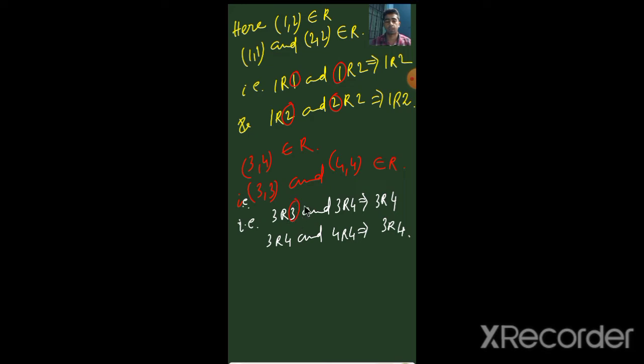These are common terms. Hence, in any case, for all the elements of R, we can say that R is a transitive relation.